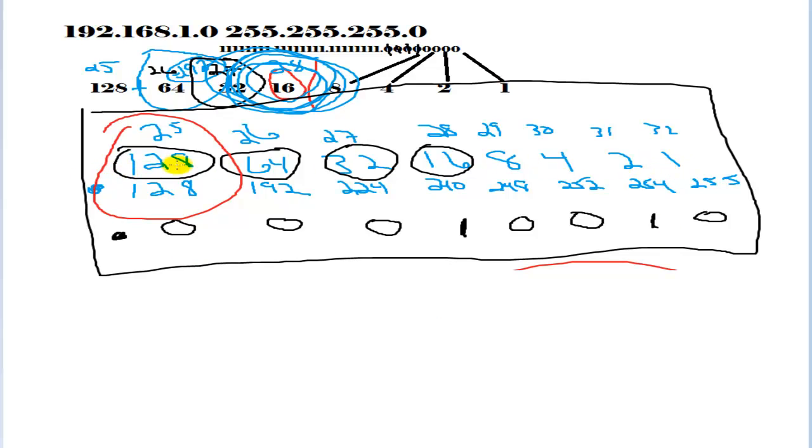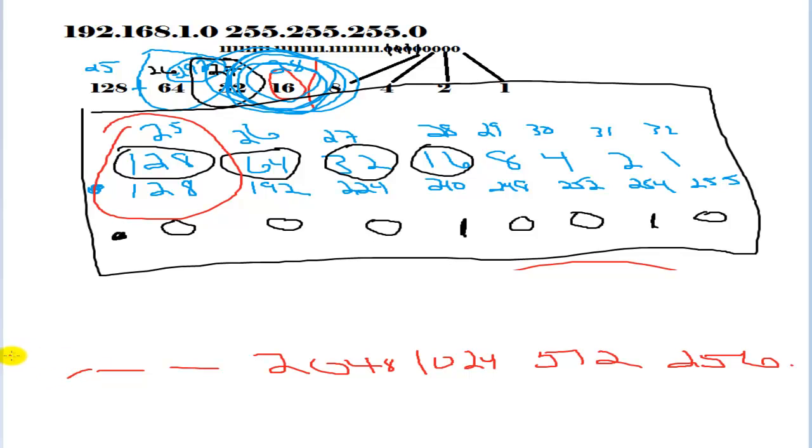So Class B would start off with 256, then 512, then 1024, and 2048. And it would just keep going until you reached the end.